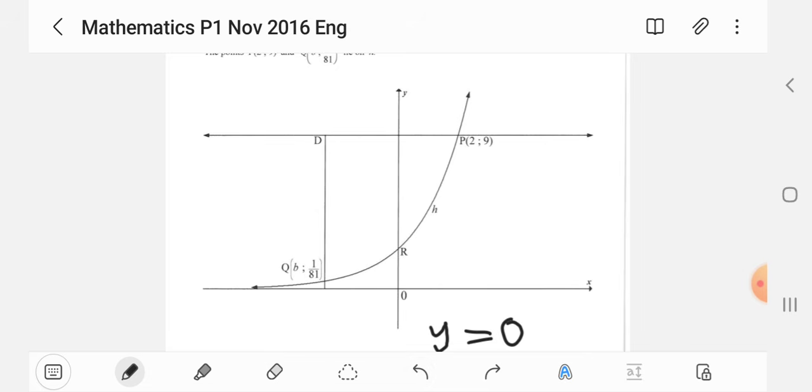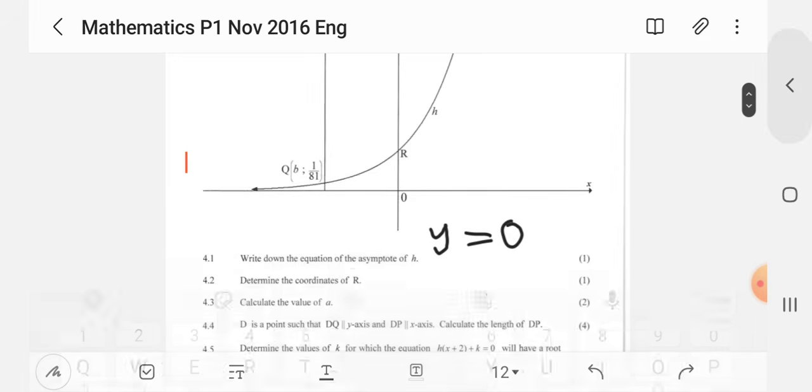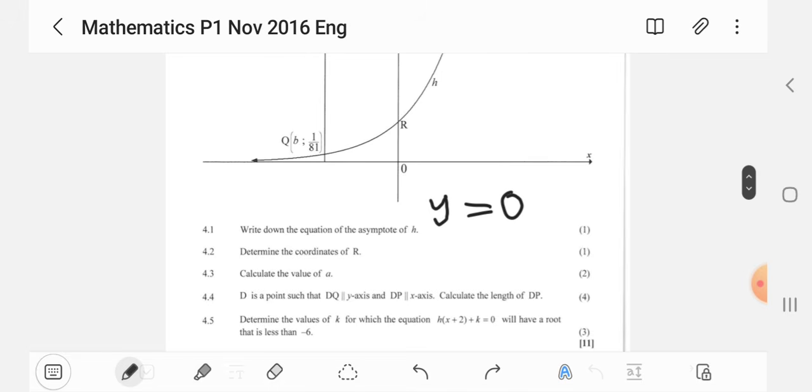Q is a bit lower than R, so R's x is 0, and the y is 1. So the coordinates of R will be (0; 1). We've determined that for 1 mark. You don't have to calculate them, okay? That's how you do that.